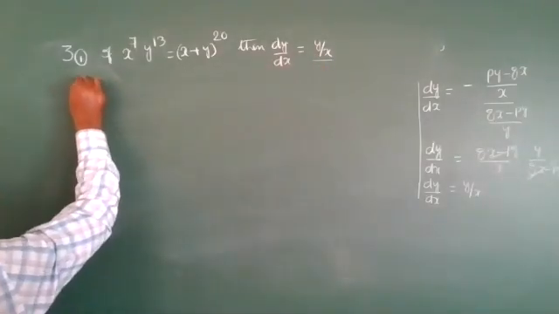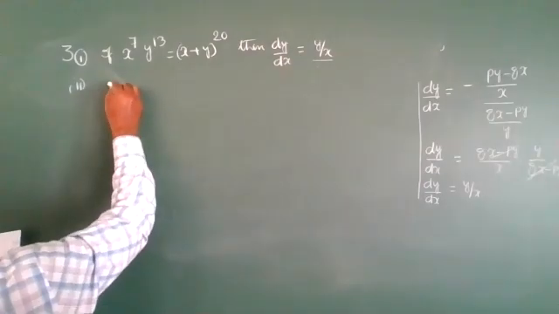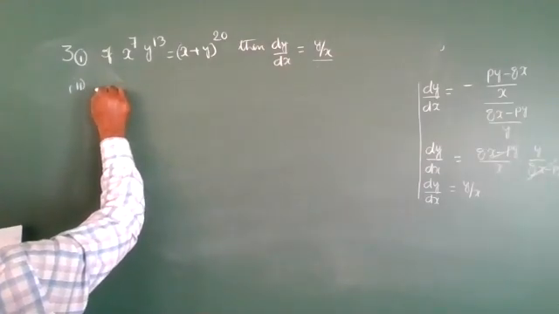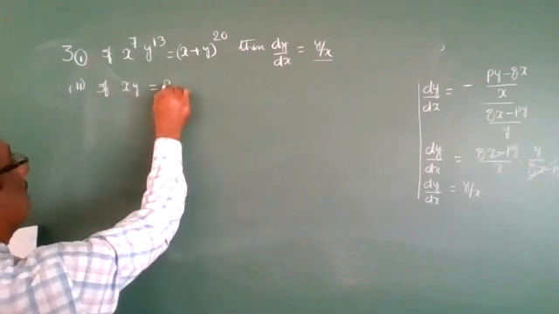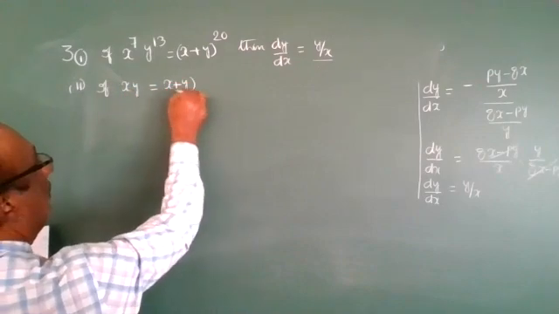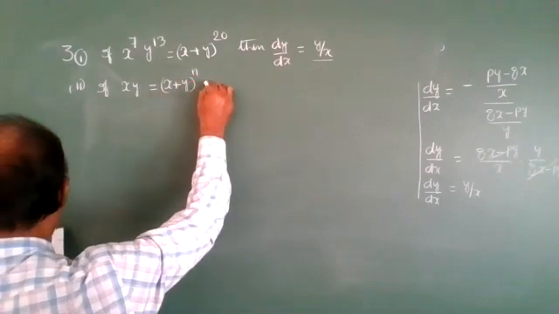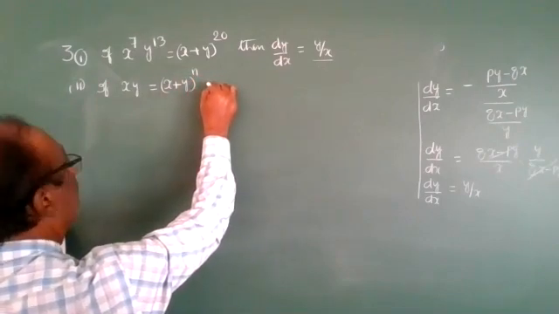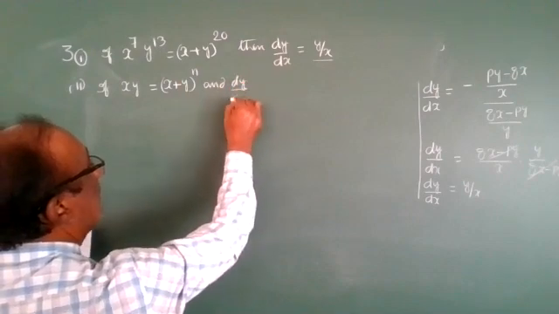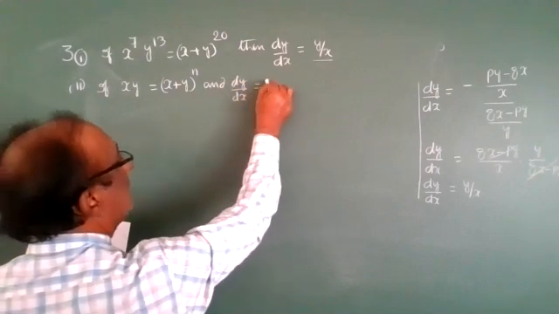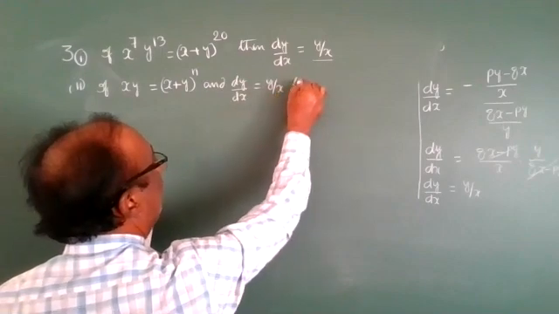Second bit, see everyone. If xy is equal to (x plus y) to the power n, then dy by dx is y by x. Then what is the n value?